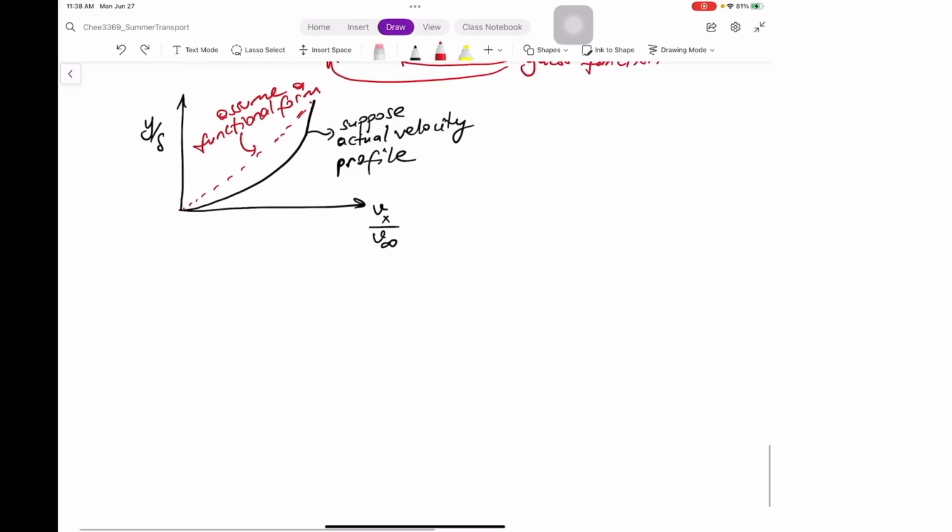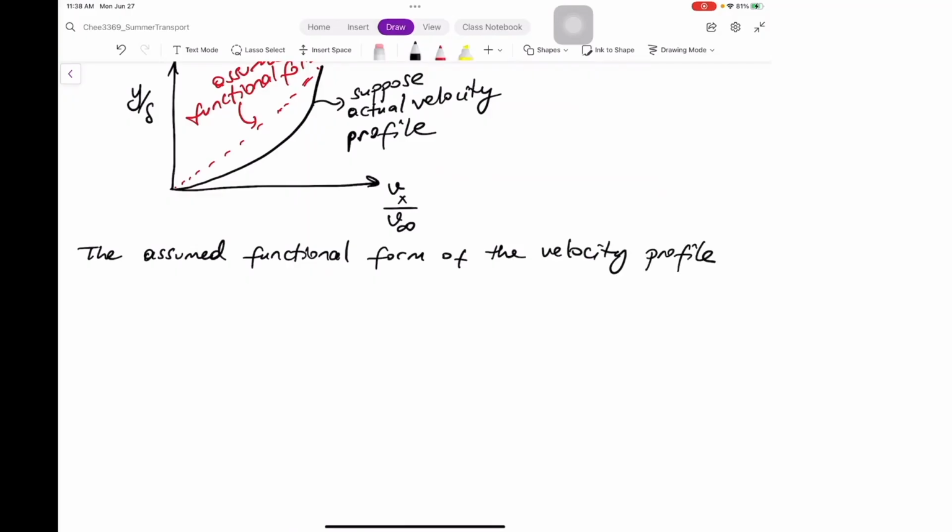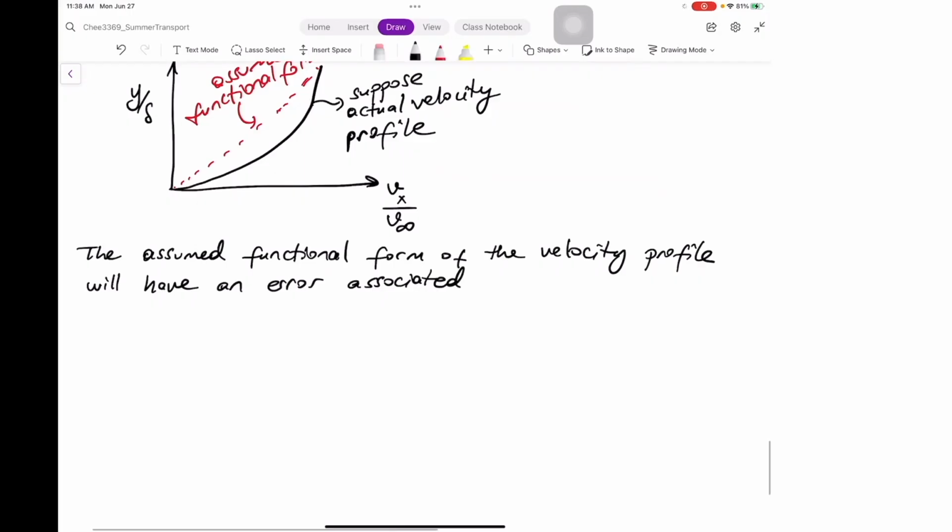Okay, let's summarize what I said. So the assumed functional form of the velocity profile will have an error associated with that integral.